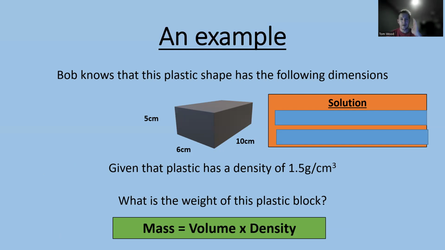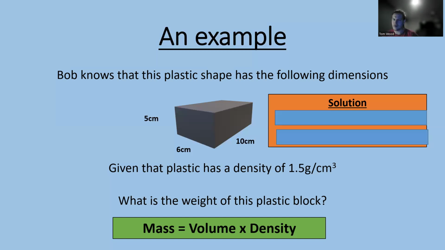It could be 5 in height, the base is 6 by 10, however you want to imagine this. Now, plastic has a density of between 0.8 and 2 grams per centimeter cubed. I went with a nice middle number of 1.5. So the density of plastic is 1.5 grams per centimeter cubed.